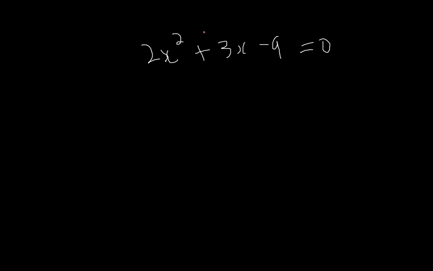Anybody has an answer for me? Nobody? Okay, let me just. So 3 squared is 9, minus 4 by 2 by minus 9 is 72.